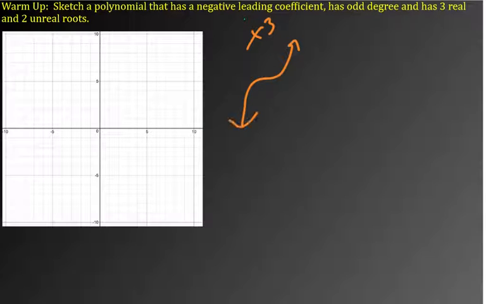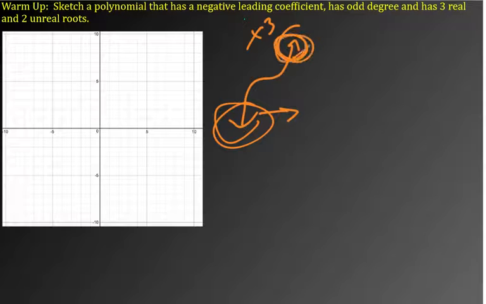That's like our positive odd ones. They start down here and end up here. If you have a negative odd degree, like an x to the 5th, which is what we have, it's going to start up here and end down there.